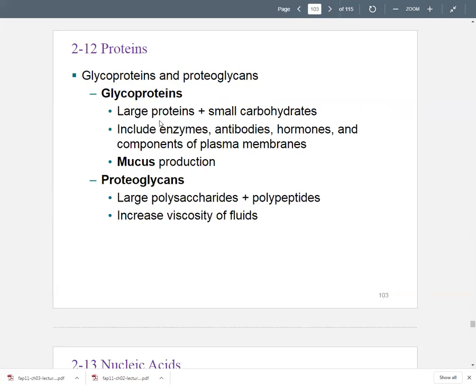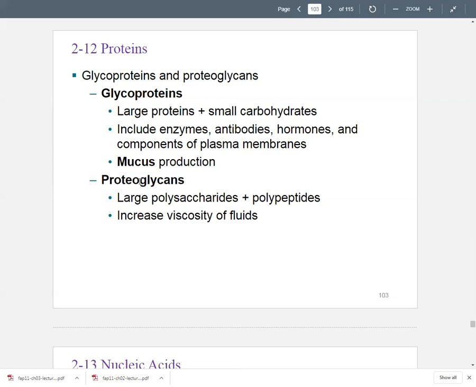So the protein is large with small carbohydrates on it. Enzymes can be glycoproteins, antibodies can be glycoproteins, hormones can be glycoproteins, parts of the cell membranes can be glycoproteins. Mucus contains glycoproteins.